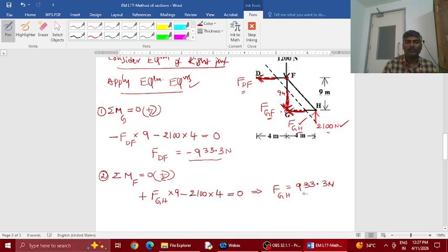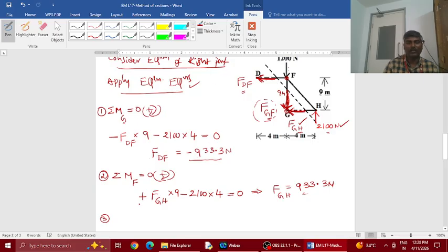To go for a moment equilibrium equation, now I need this force, because I have the DF value and GH value, but I don't have a common meeting point for these two forces because they are parallel.